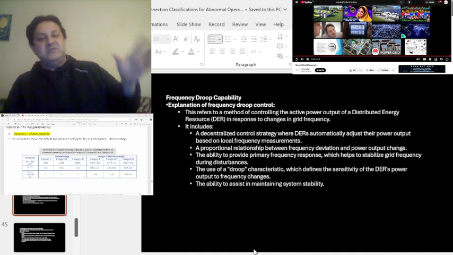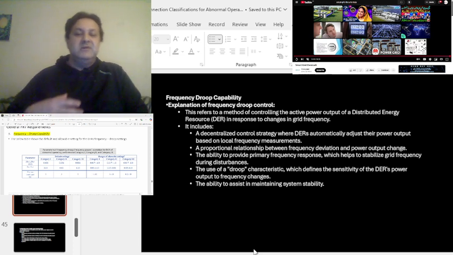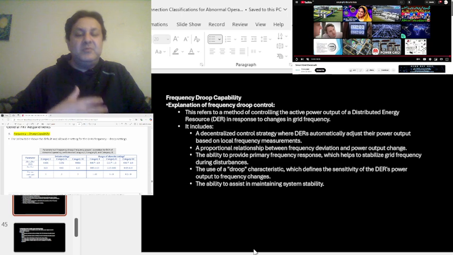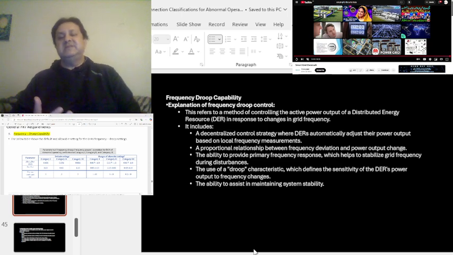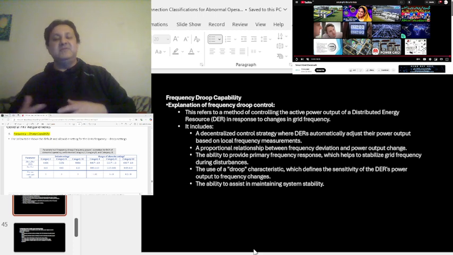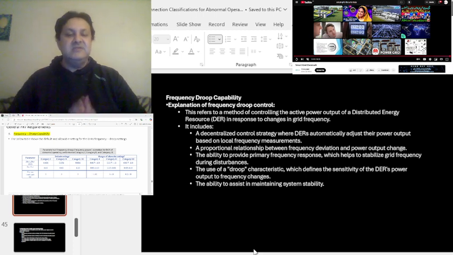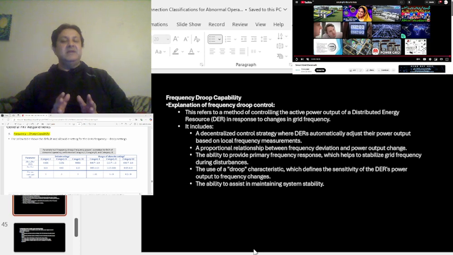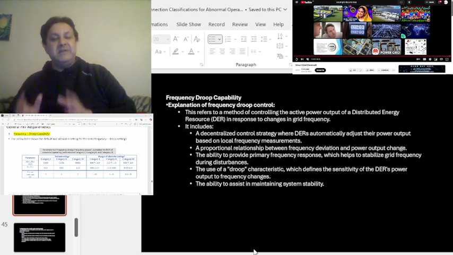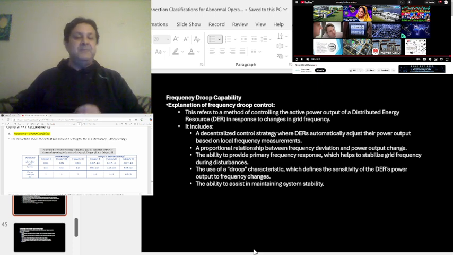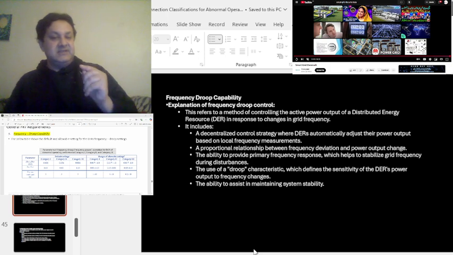So there has to be decentralized control somewhere. A proportional relationship between frequency deviation and power output change gives the ability to provide primary frequency response, which helps to stabilize grid frequency during disturbances. So this is a decentralized control system.